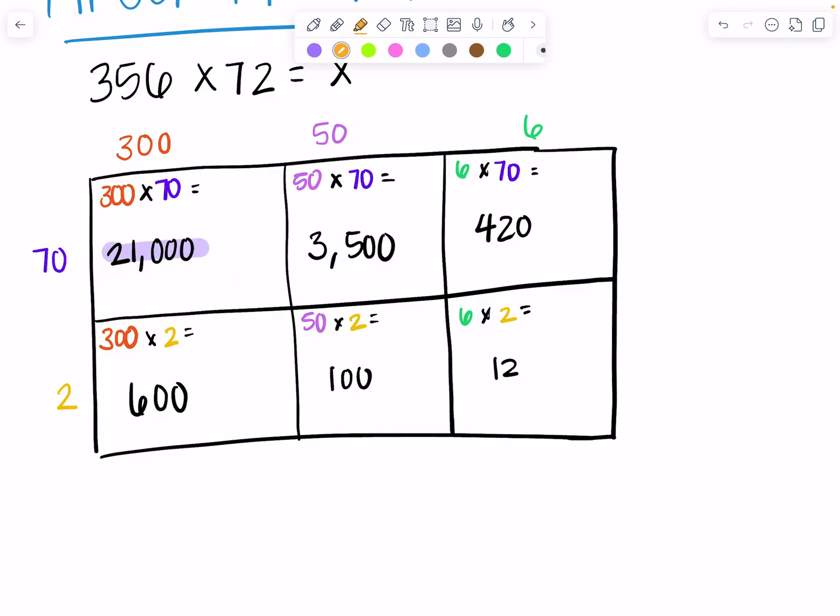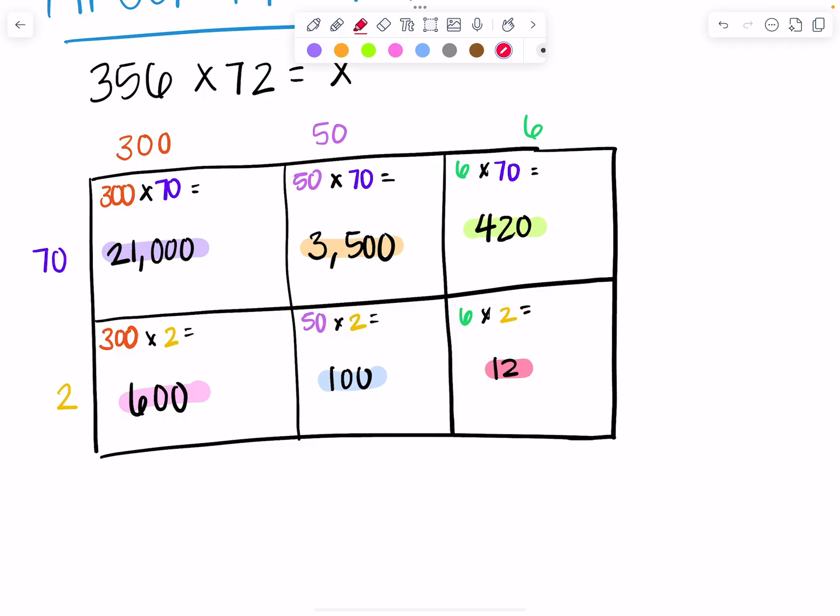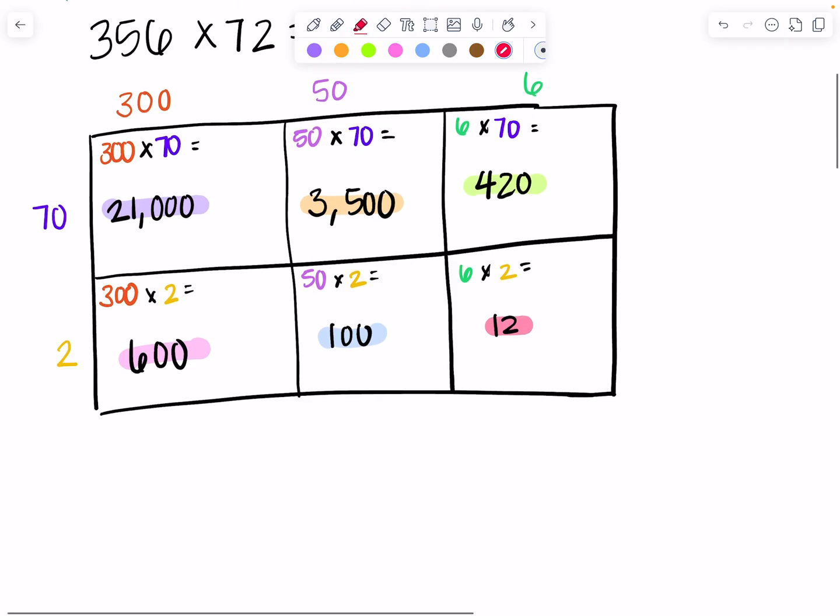So I'm just going to go in, I'm going to highlight each of my partial products again, because when I have different colors, it just really helps my brain. That color is too similar, so let's see. Let's do this color. Okay, so now I'm going to go in and I'm going to add my partial products.